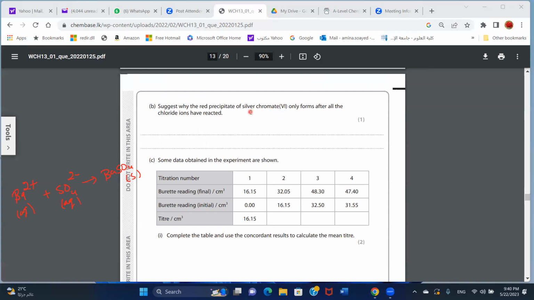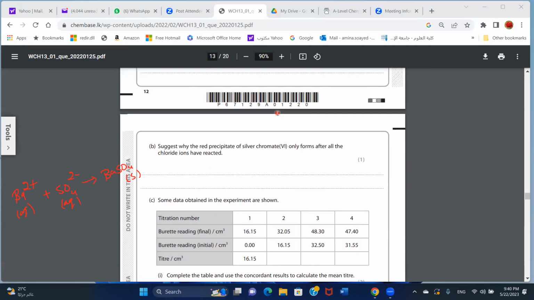So even if the silver reacts with the chromate to form the silver chromate, it is more soluble than the silver chloride. So it will not appear in the solution as a precipitate. But when all the chloride ions have reacted with the silver ions, forming the precipitate of silver chloride, then the silver ion will start to react with the chromate ions and form the red precipitate.